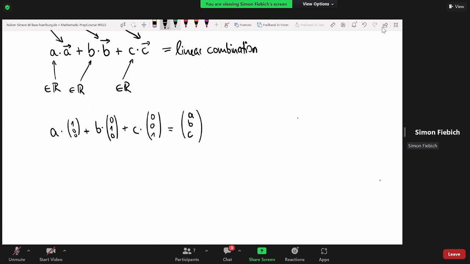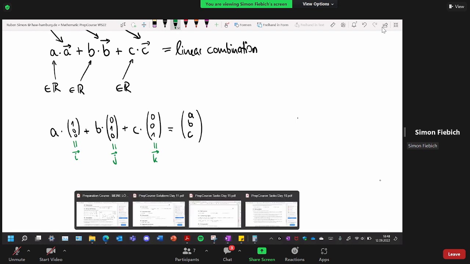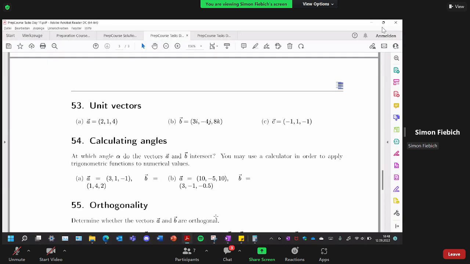So actually they wanted you to know that this is the vector i, this is the vector j, and this is the vector k in the task. Of course, they didn't give you that, but if I give it to you now, you should be able to solve the task.